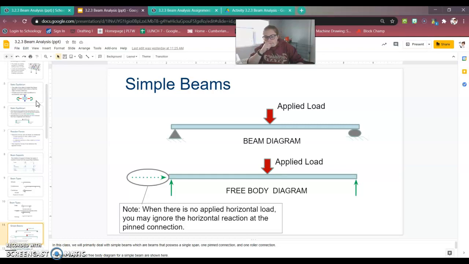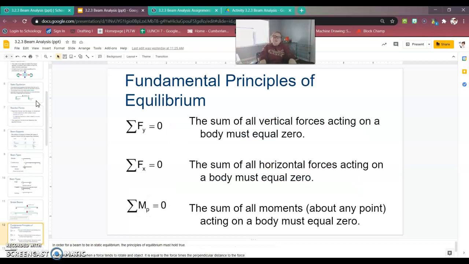So there are two types of diagrams you're going to be doing for your worksheet. One is going to be a beam. You'll be given a beam diagram and you will be creating the free body diagram. So you can see the difference below. Fundamental principles of equilibrium. There you go.